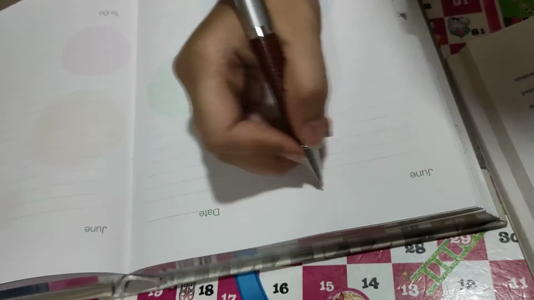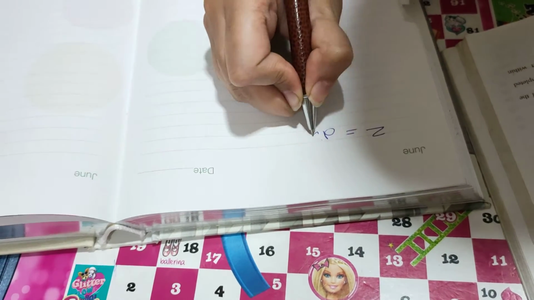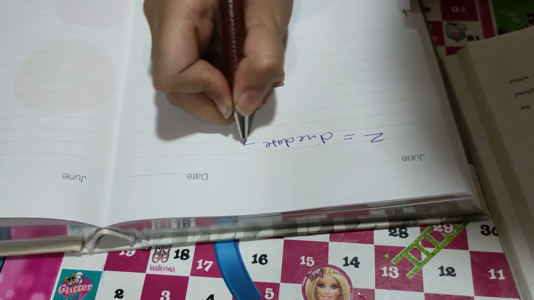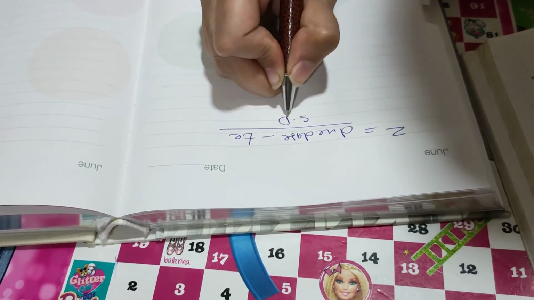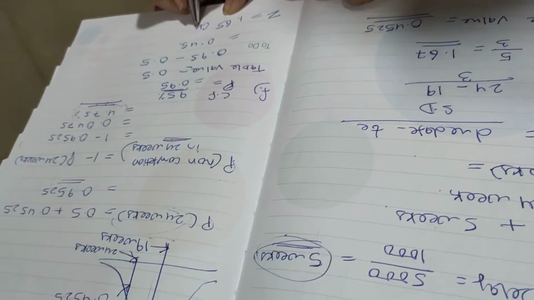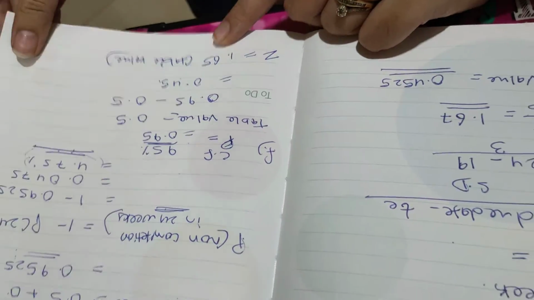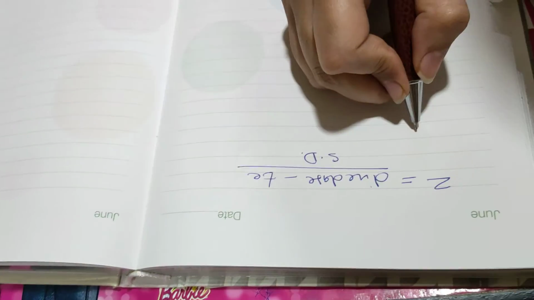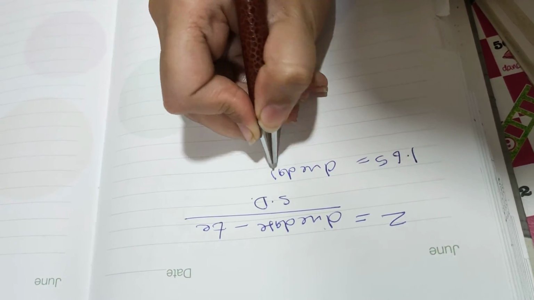Now we will write here Z equals to due date minus expected time upon standard deviation. Z we have calculated from our table 1.65. Due date we need to calculate.